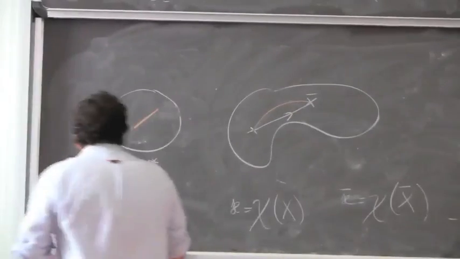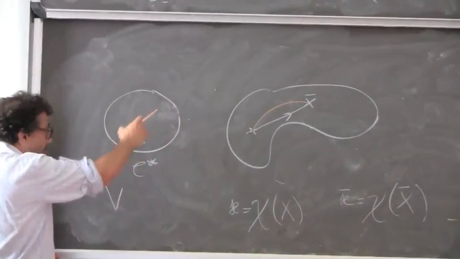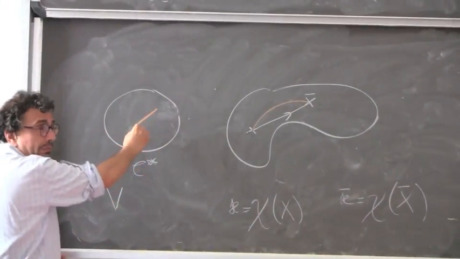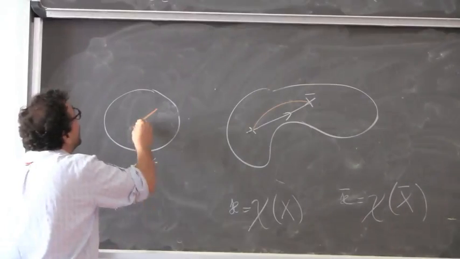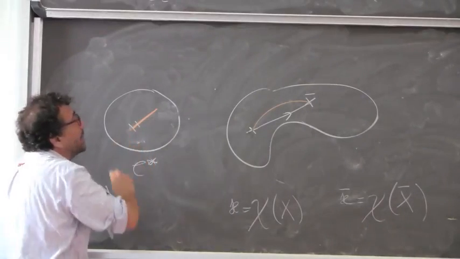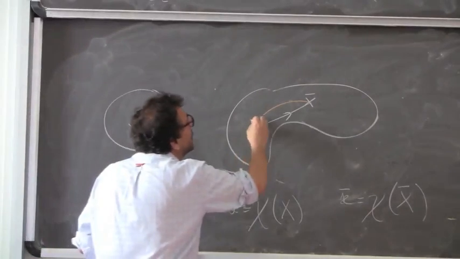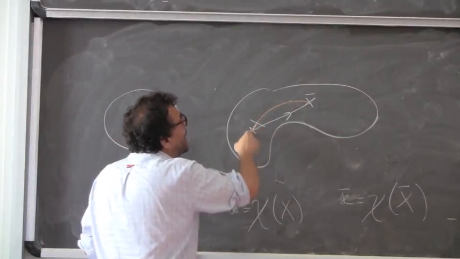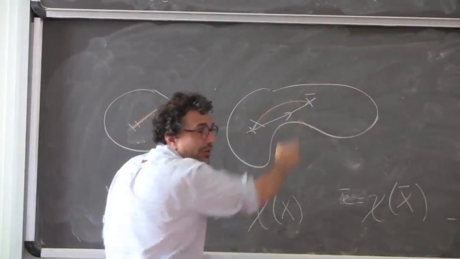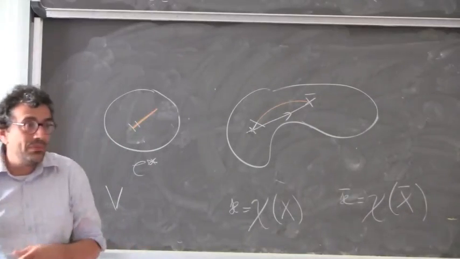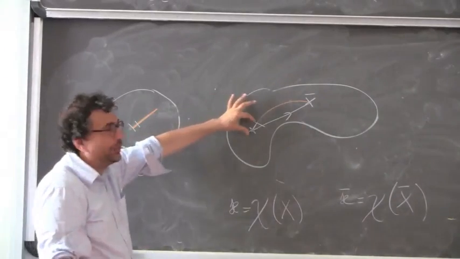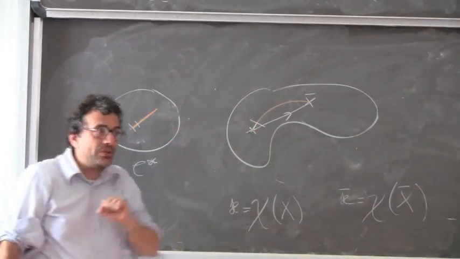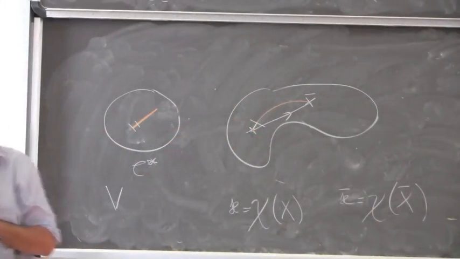Of course, when V is small enough, so if you take a rather small segment, then the tangent of this curve becomes a good approximation of the shape of the curve in the actual configuration.